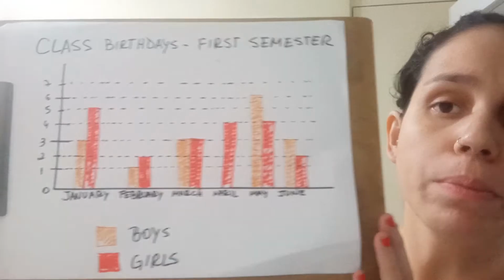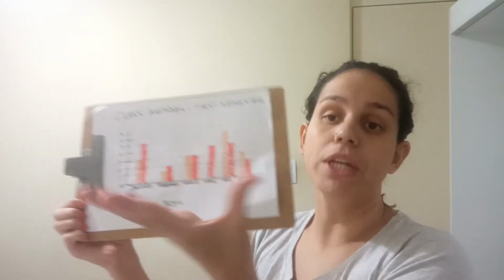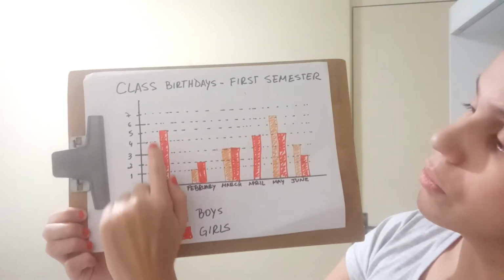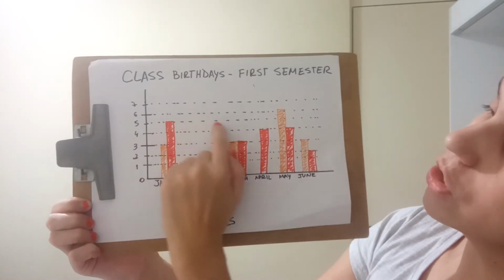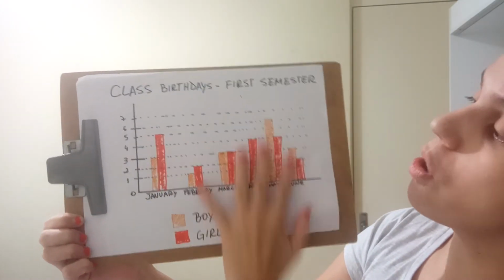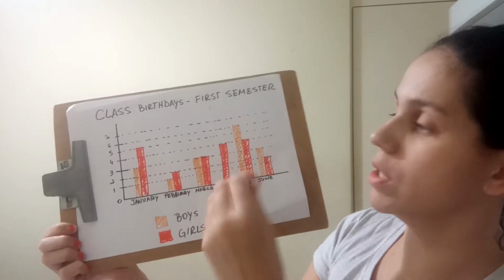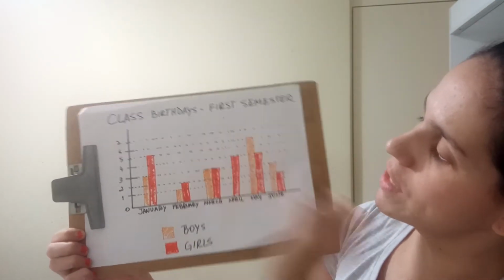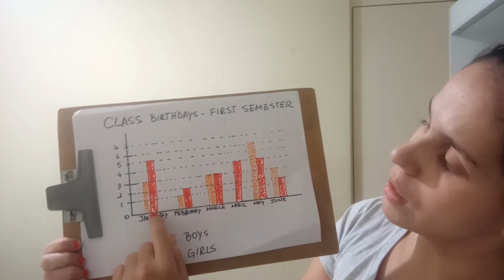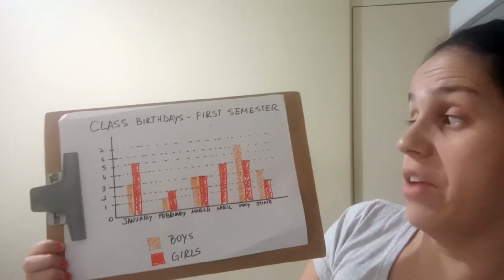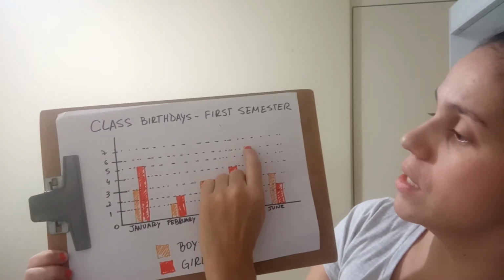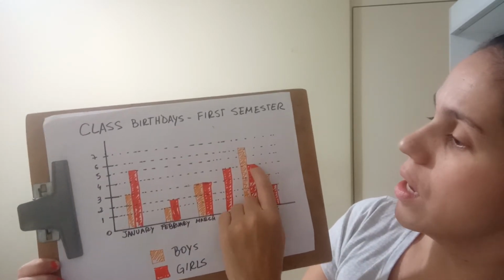What's the month with more birthdays? More. Repeat. More. Look here. We need to look where we have more students. Look. May is 6. We have 6 boys. And here in January we have 5 girls and 3 boys, and in May 6 boys and 4 girls.